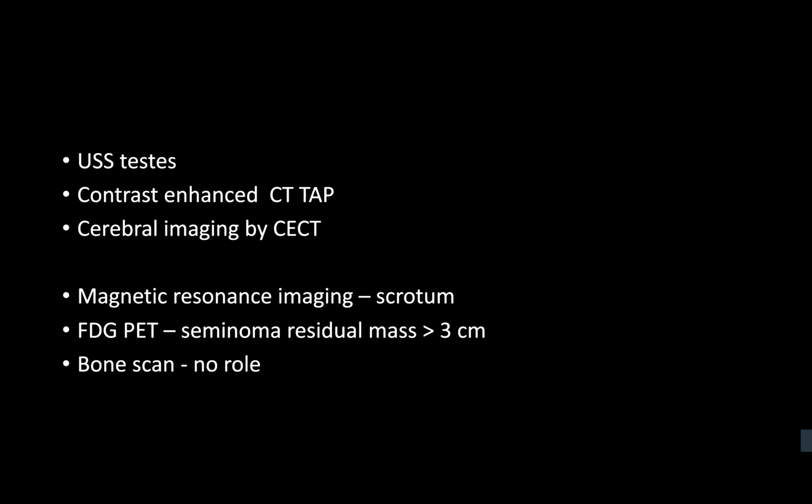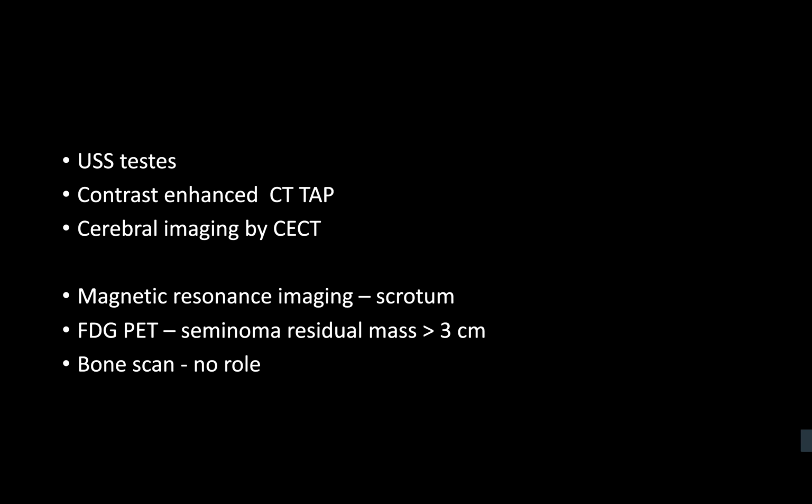Okay. And will you do FDG PET as part of the initial staging? PET scan is mainly reserved for patients with testicular seminoma who received chemotherapy and still have a residual mass more than 3 centimeters after 8 weeks following the chemotherapy.